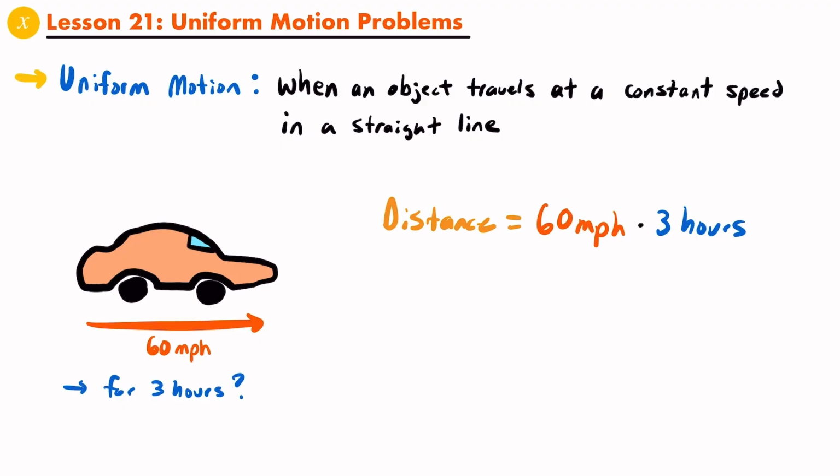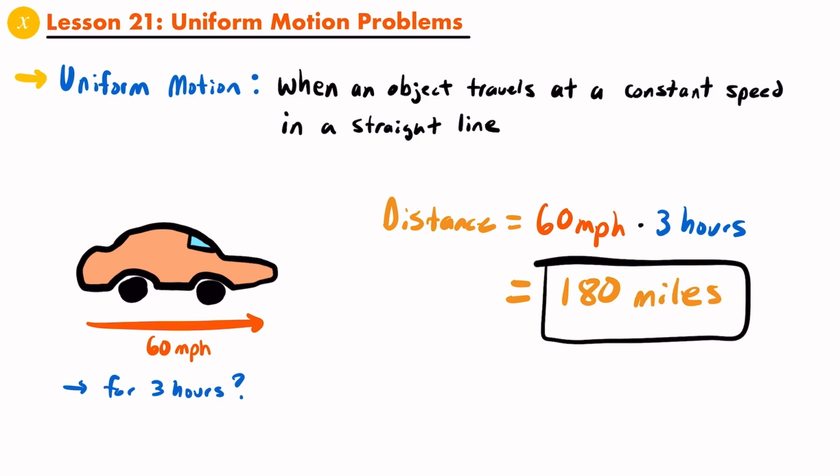And of course, the amount of miles is a value of distance. Okay, so 60 times 3 is equal to 180, so we get that the distance is equal to 180 miles. Okay, so that's a very nice calculation that we can perform for an object in uniform motion.